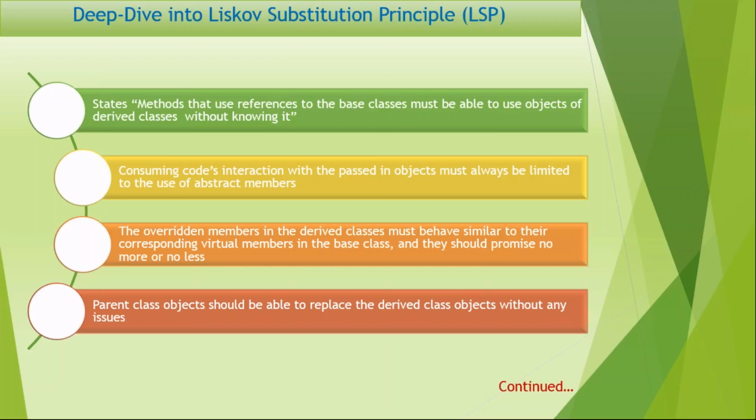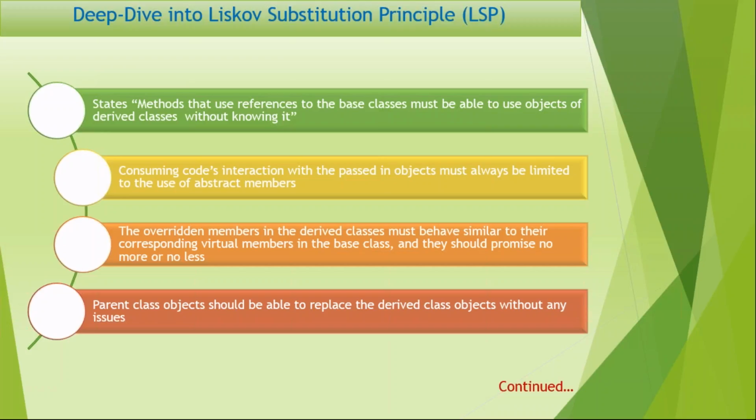Point 1 and point 2 almost look similar, but when we look into the code, we will understand that. And let's not discuss the third point; we will look into it when we are going through the code. Let's look at the last point. Parent class objects should be able to replace the derived class objects without any issues. So in our previous sessions, we have looked at abstract classes, interfaces, and also polymorphism.